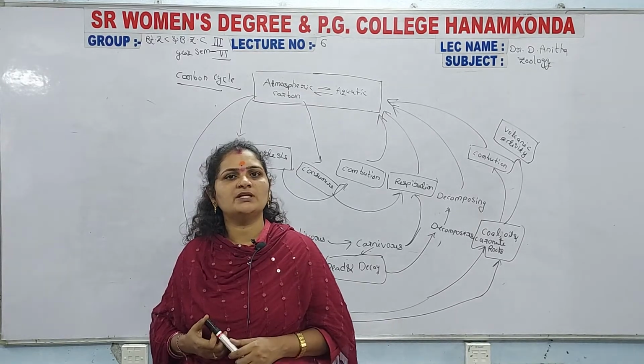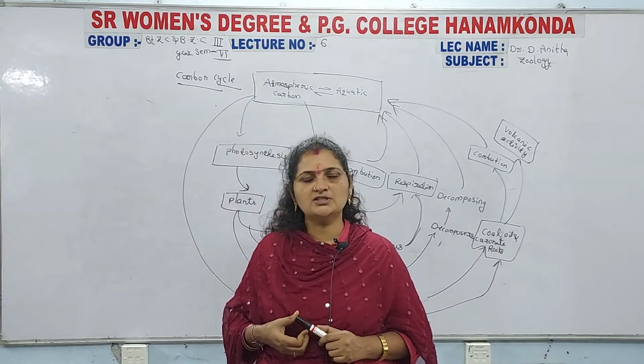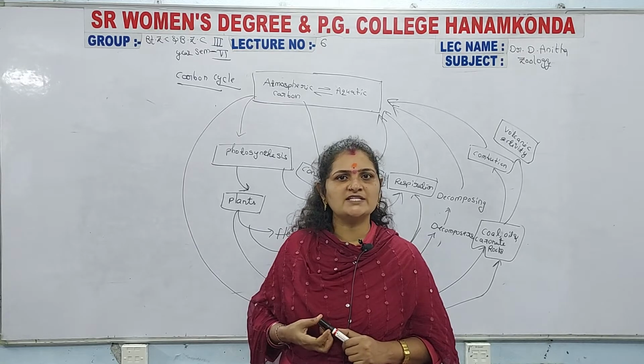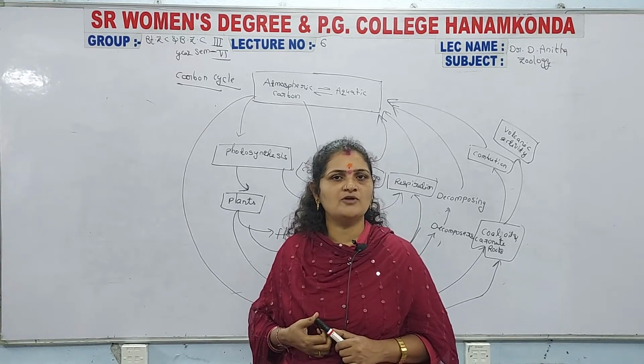It is mainly present in the atmospheric form, but not on the surface of the earth. So it gets utilized by each and every organism, and some reactions take place in the middle of that functioning.